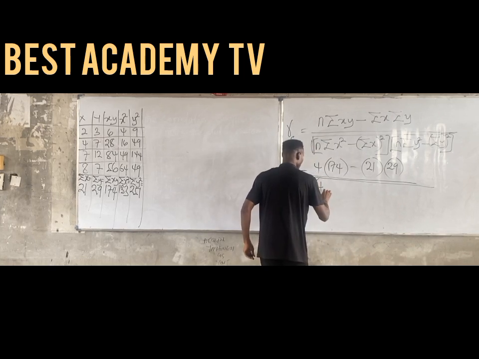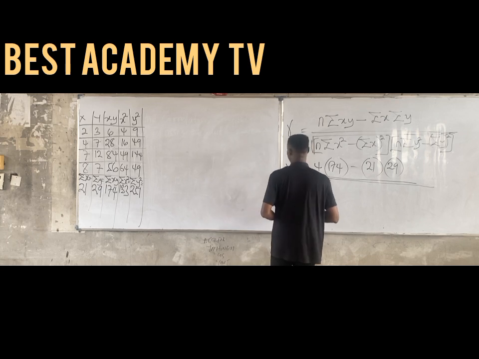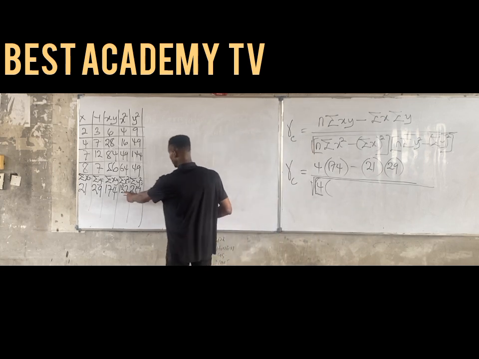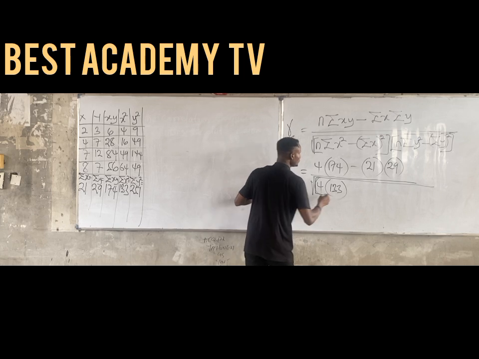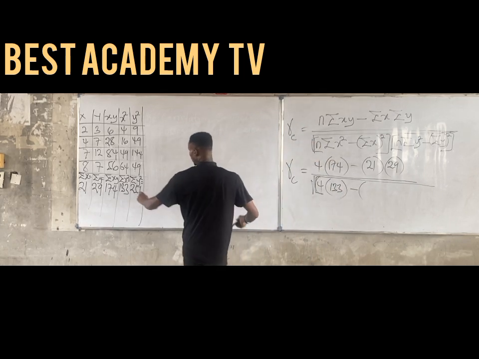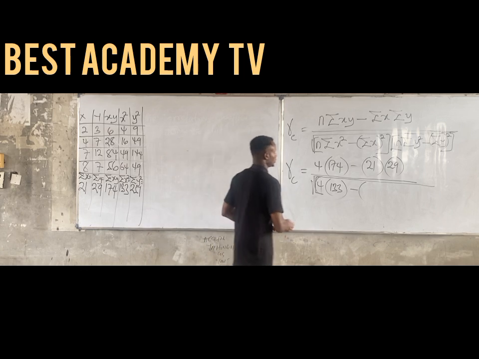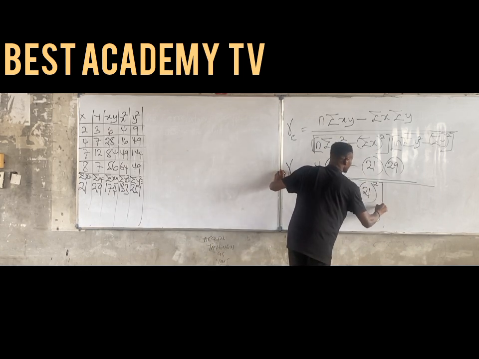4, this is my 4 here, into the sum of s squared, which is said to be 133, minus the sum of s, which is said to be 21. You square this, it's already squared, please take note.